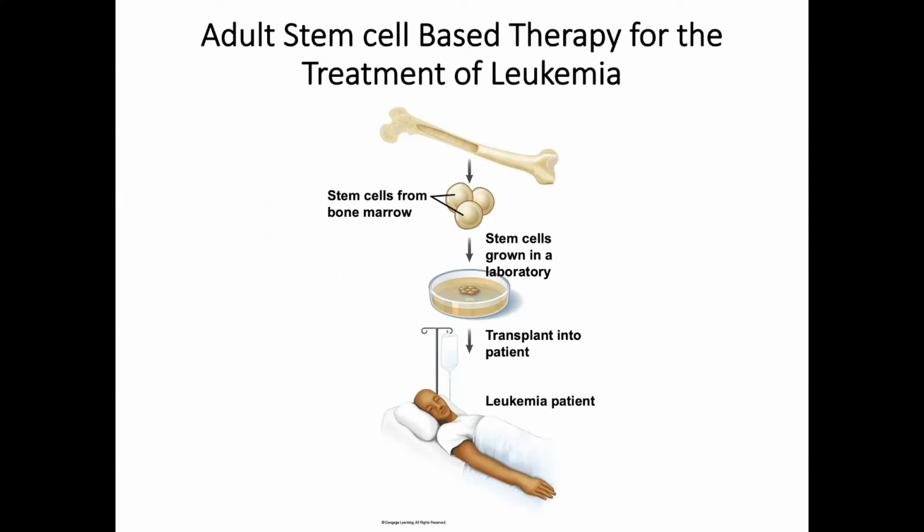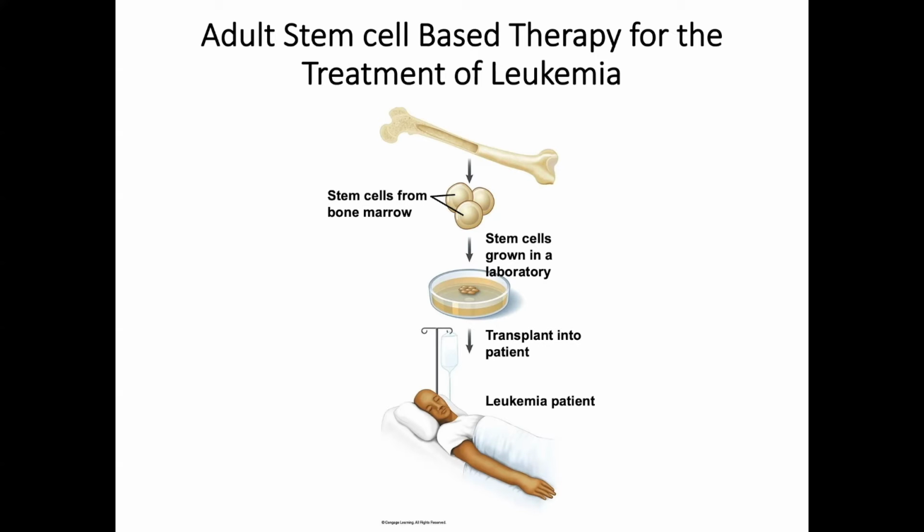This slide shows one application of adult stem cell therapy. The stem cells are removed from the bone marrow of a donor, grown in the laboratory, and then infused into patients with leukemia who had their stem cells destroyed by radiation.